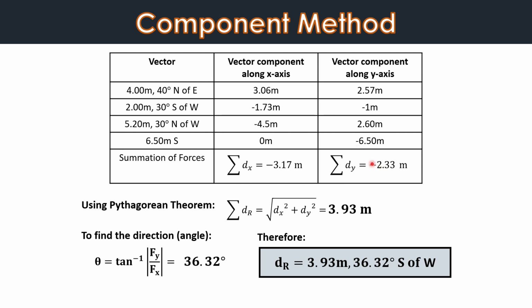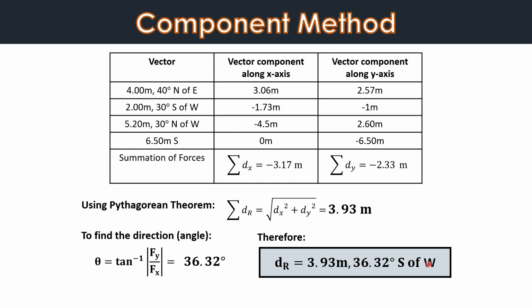Either north or south lang naman iyan, di ba? And since ito ay negative, syempre, nasa south side ito, so south. And then, along x component, negative din siya. So either east or west lang naman ito. And the west side yung negative, so kaya siya west. So kaya tayo south of west. So ito na yung final answer natin. 3.93 meters, 36.32 degrees south of west.